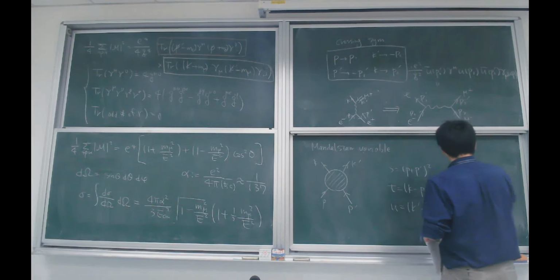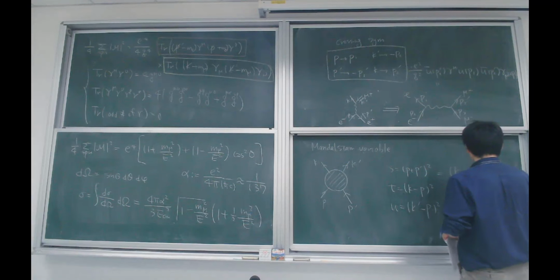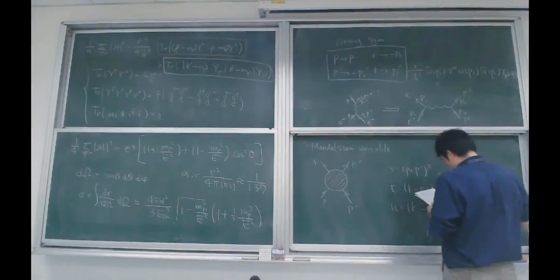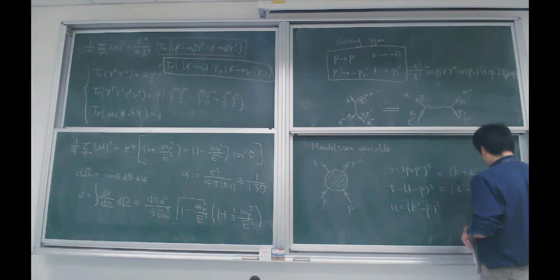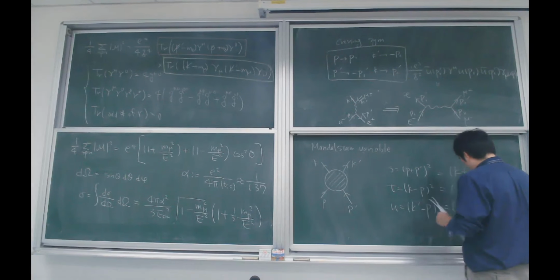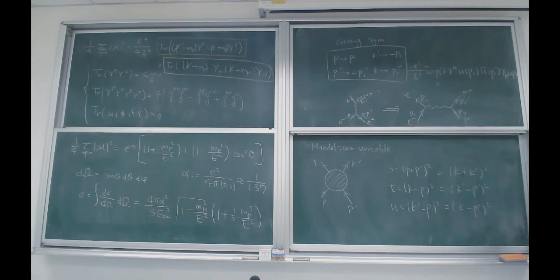Of course, momentum conservation will help. So these are called Mandelstam variables: s, t, and u.